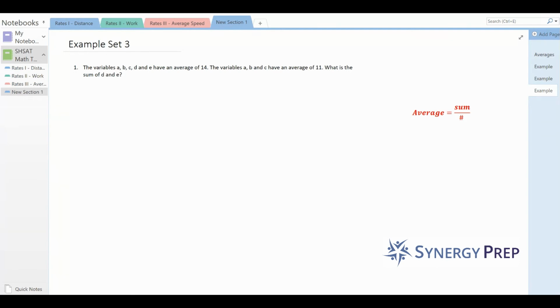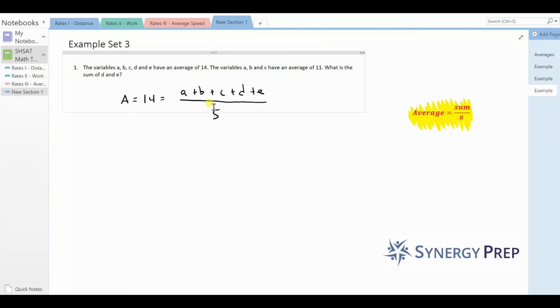So average is the sum of all the variables over the total number of variables. So average is equal to, you have an average of 14. That's equal to, we don't have numbers, so we'll just say A plus B plus C plus D plus E, right? Over a total of 5.